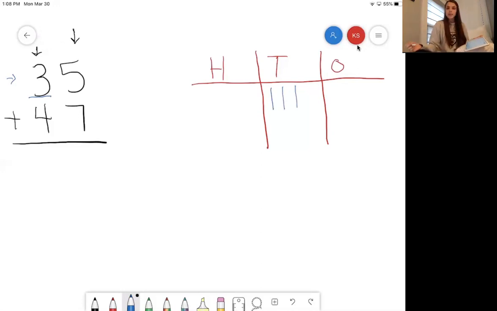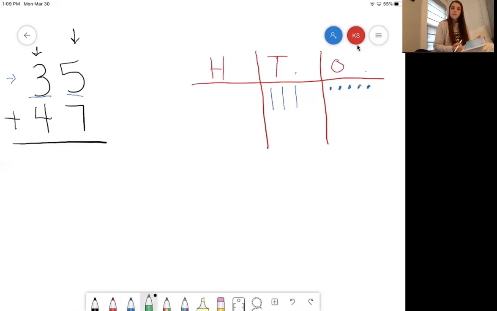Then I'm going to ask myself, how many ones do I have in 35? I know that I have 5 ones in the number 35. So I'm going to draw 5 marshmallows to represent 5 ones. 1, 2, 3, 4, 5. 3 tens and 5 ones equals 35.